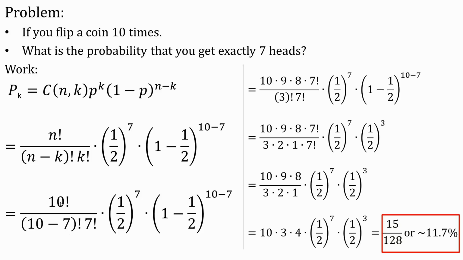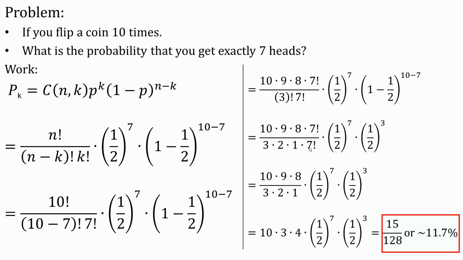Now with factorials, I can say 10 times 9 times 8 times 7 factorial divided by, this right here is 10 minus 7, so 3 factorial times 7 factorial. The reason I stopped in the numerator at 7 is because I can cancel this 7 factorial with this 7 factorial. And here we have 1 minus 1/2, which we know is going to be 1/2, and 10 minus 7, which we know will be 3.